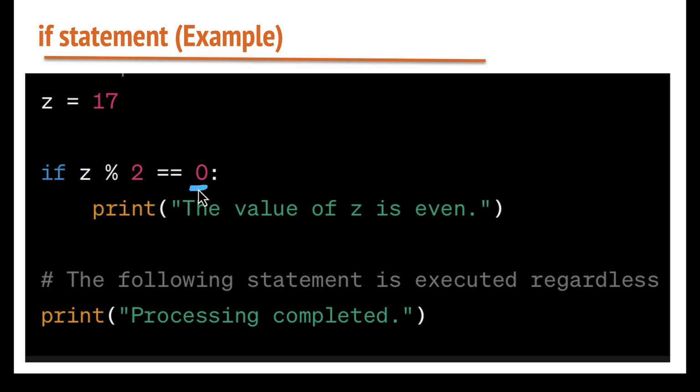If it is, then print that z is even. So this is a cool way to identify if a number is odd or even. After that, if the condition was false, clearly this statement will not get processed, and it will just move on to this particular statement afterwards.